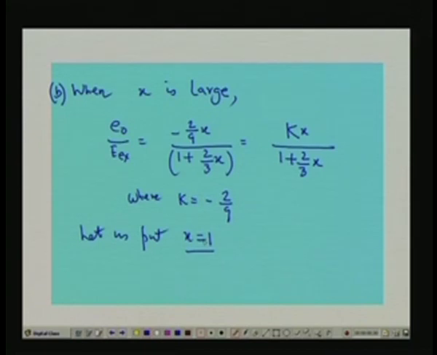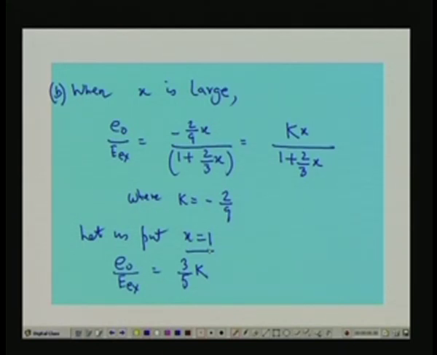So, we will get the expression E naught by E x equal to 3 by 5 into k.